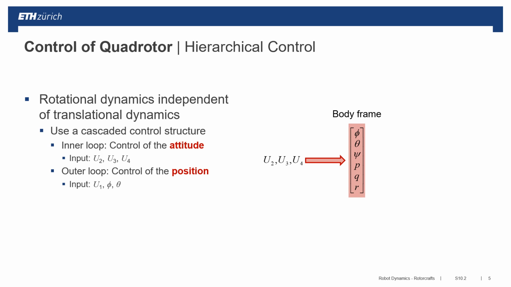And the outer control loop is actually using the output of the inner control loop, but additionally the virtual controller of the Z direction is added, and the whole control is then in earth frame.